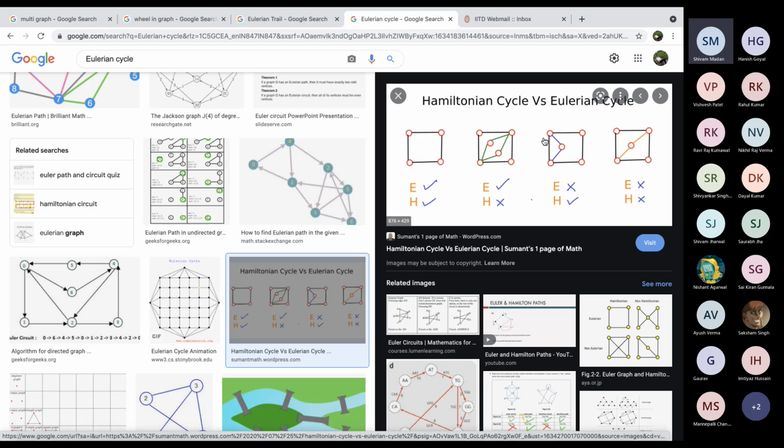So you have only 2, and then again this and this. So for this you have 1, 1. So this vertex and this vertex have odd degree, and the remaining vertices have even degree. So it has an Eulerian trail, not a circuit, and you can see that all the vertices except 2 have even degree.